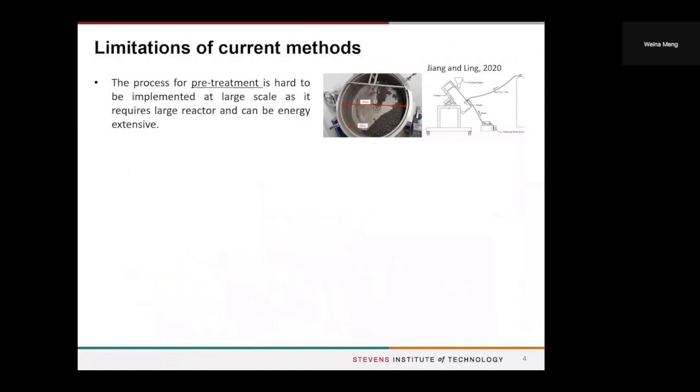So this is the main pathway for CO2 sequestration. But for these methods, there are also some limitations. No method is perfect. The first one, the pre-treatment, as you can see, requires a special reactor to allow the injection of water and CO2.